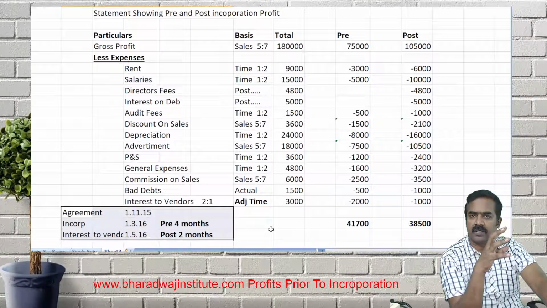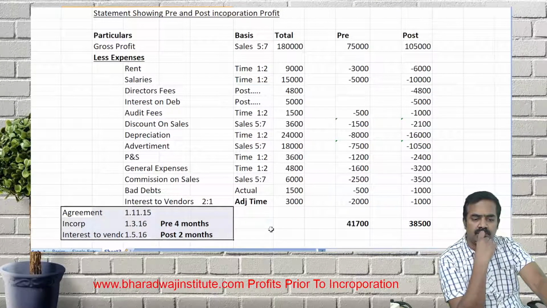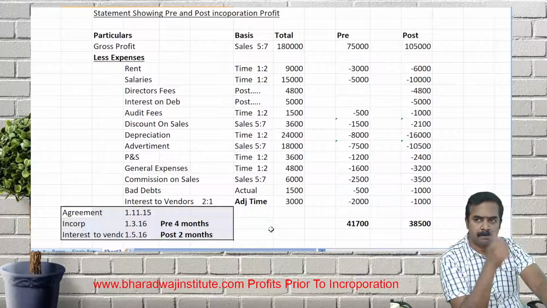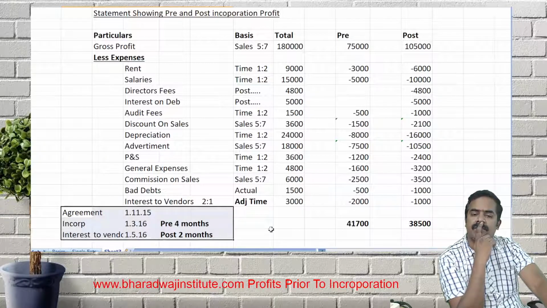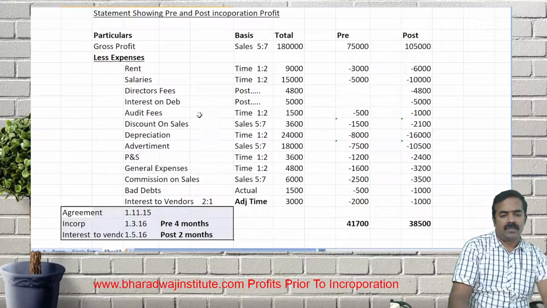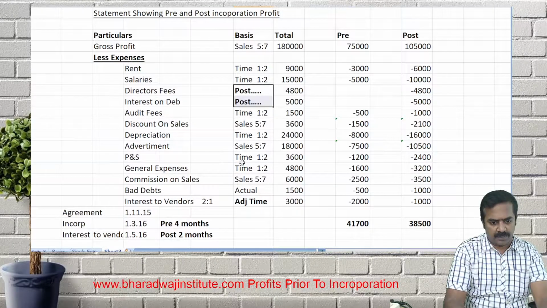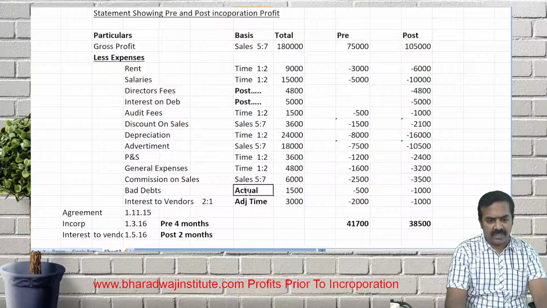Any doubt in this working? No, sir. Okay. Directors' fees and interest on debentures are post-incorporation. Bad debt actual data is available.